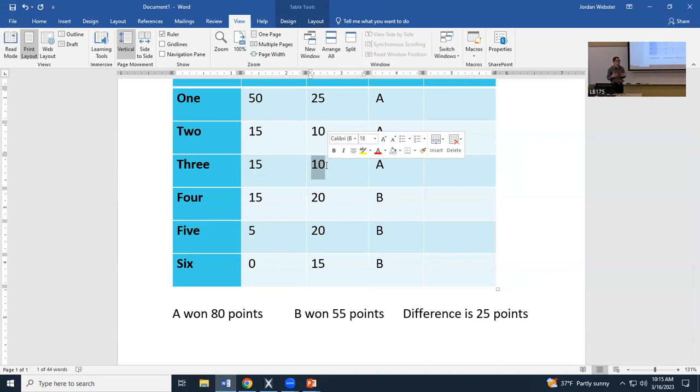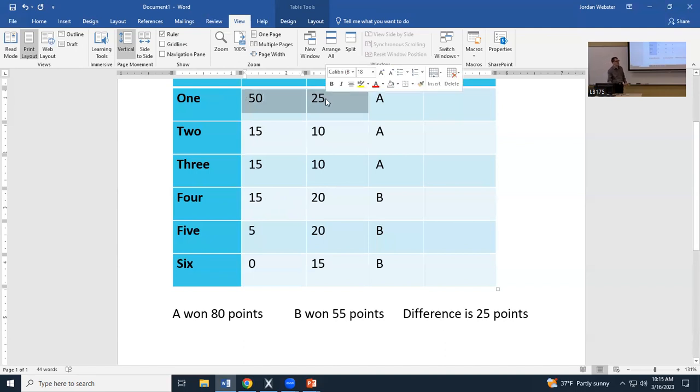This is the adjusting part of the adjusted winning procedure. Now, you could have also done that with item number 2 as well. But notice if you tried to do that with item number 1, that's a 75-point swing. That's way too much. Okay.